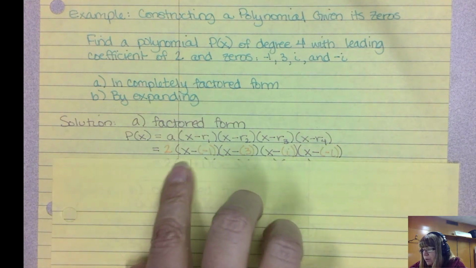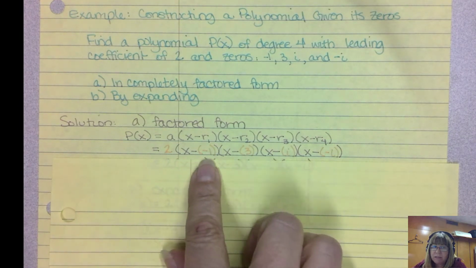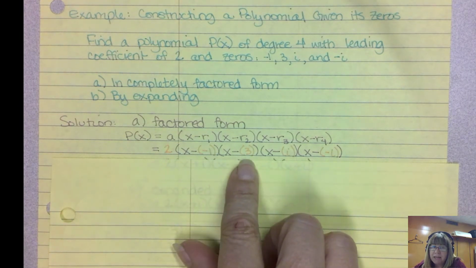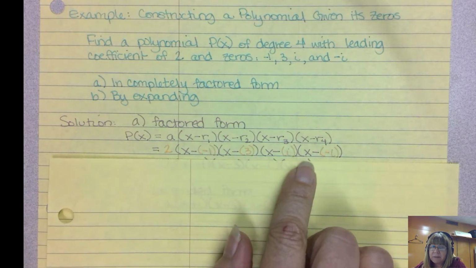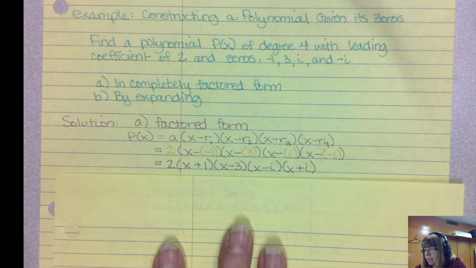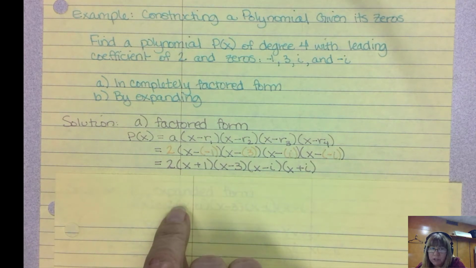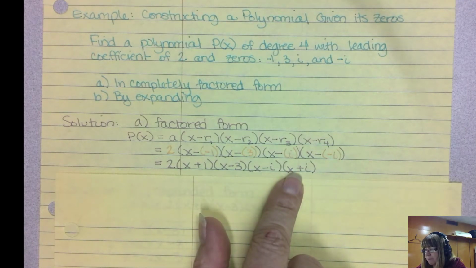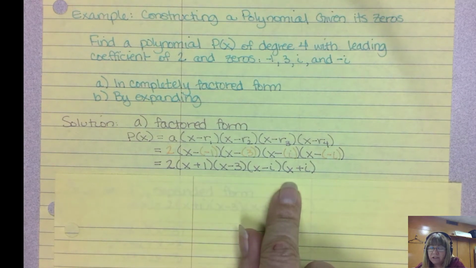Now we get 2 times x minus -1 times x minus 3 times x minus i times x minus -i. Now I'm just going to clean it up a little bit and change those minus negatives into positives. So we end up with 2 times x plus 1 times x minus 3 times x minus i times x plus i. This is completely in factored form.